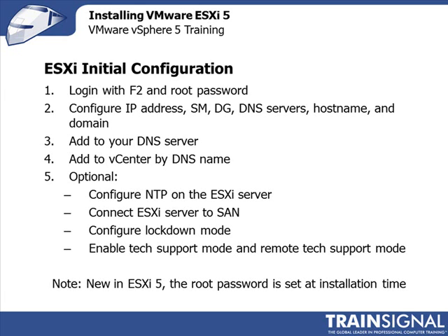We'll configure a static IP address instead of the default DHCP dynamic IP address, configure the subnet mask, default gateway, DNS servers, the host name for the server, and then the domain that server is going to belong to. And then, assuming that this is an enterprise infrastructure with a DNS server, you'd want to add all of your ESXi servers and your vCenter server to the DNS infrastructure so that you can reference them by name as well as IP address.